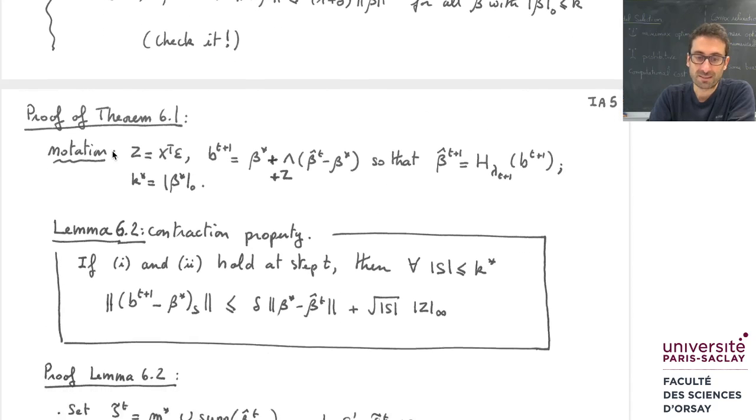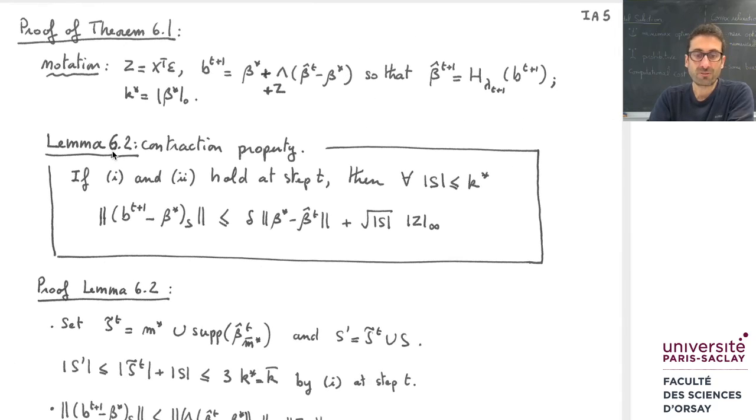t plus 1. And the key point for this will be this contraction property, which says that if the property holds at step t, then if you take any subset S of {1,...,p} with cardinality smaller than k star, so k star, remind you, is the number of non-zero coefficients of beta star, then you have this contraction.